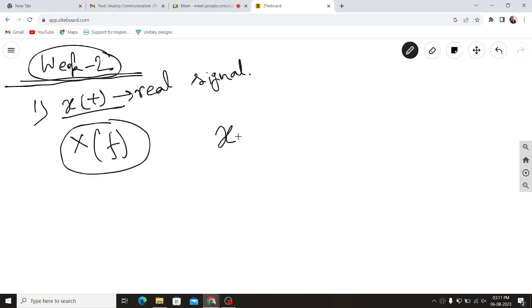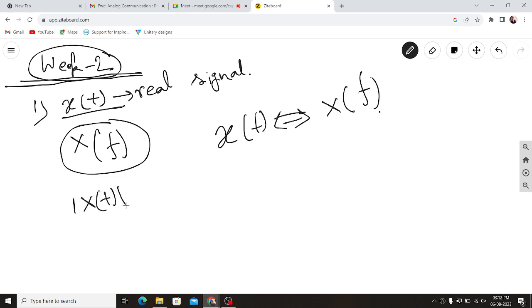So basically x(t), if we convert it into the frequency domain, it will become X(f). So the question is, what is the magnitude of the Fourier transform of x(t)?